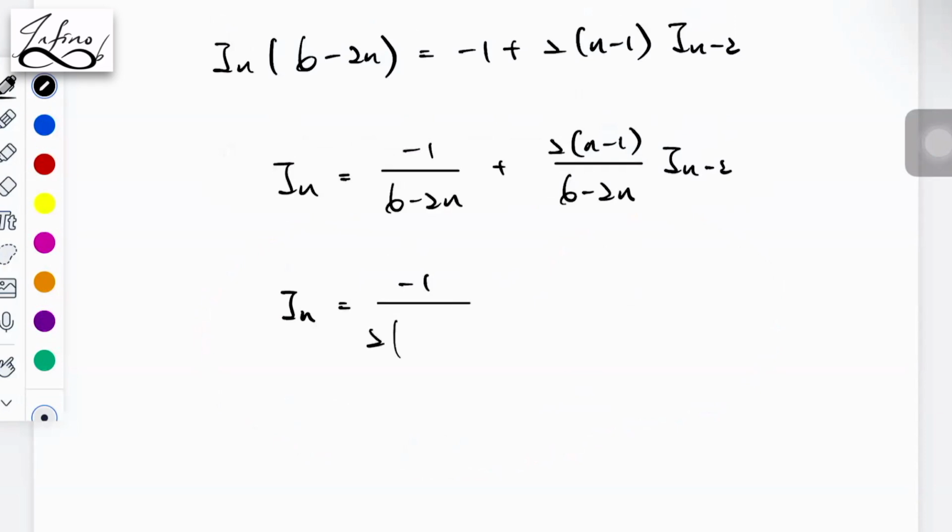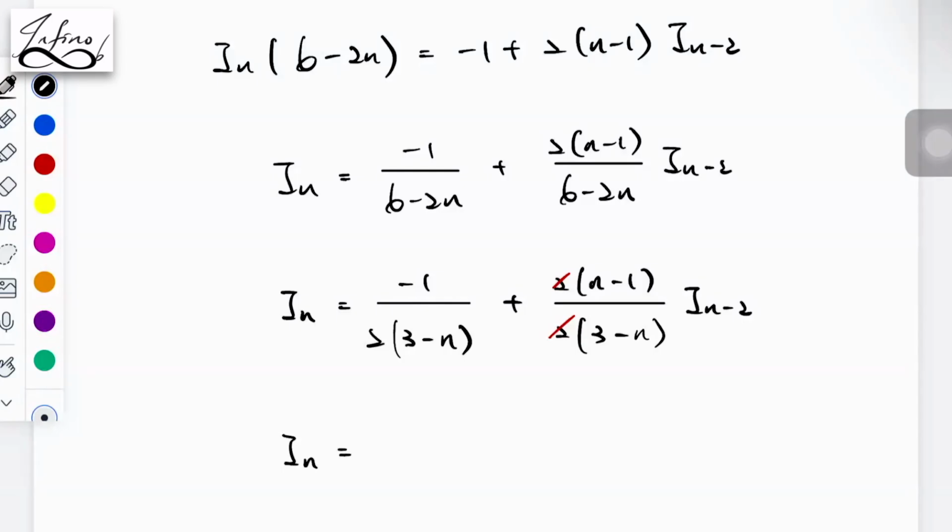Negative 1 over 2 bracket 3 minus n plus 2 bracket n minus 1 over 2 bracket 3 minus n times I_(n-2). And 2 and 2 cancel out, and that's why I can have I_n equals like negative 1 over 2(3 minus n) plus (n minus 1) over (3 minus n) I_(n-2).